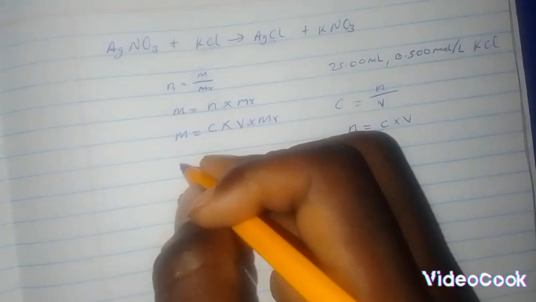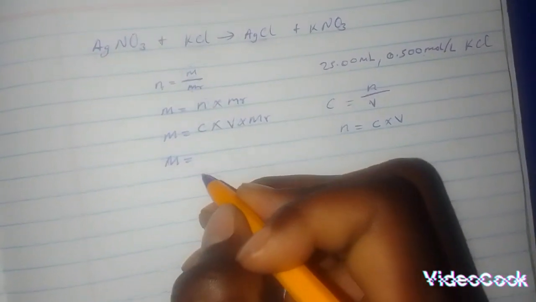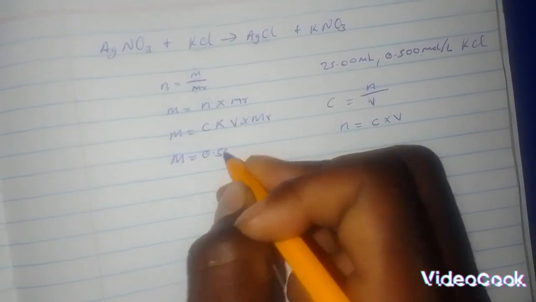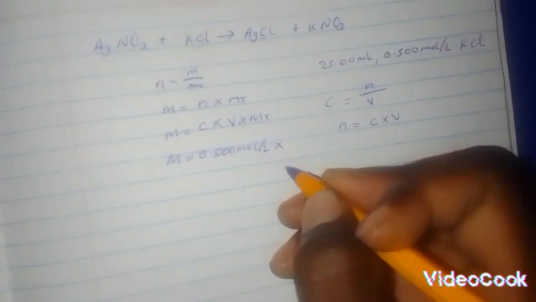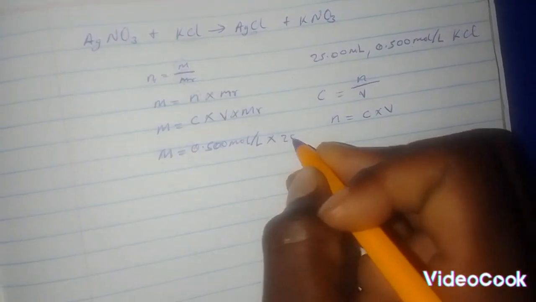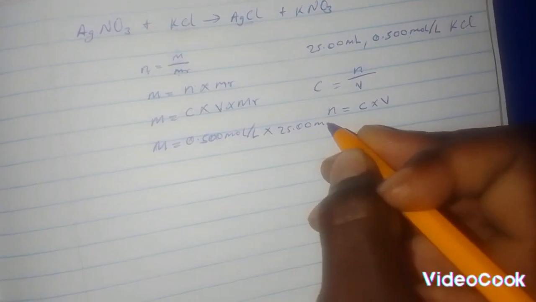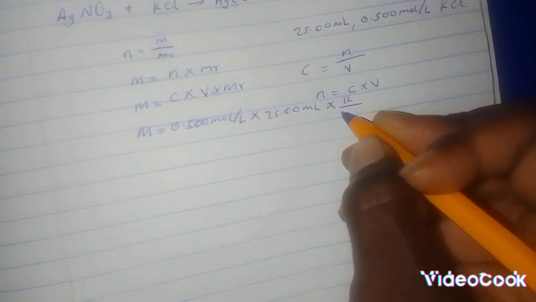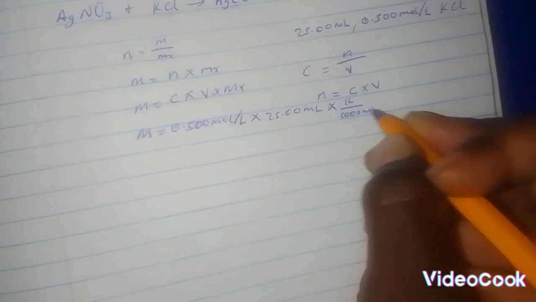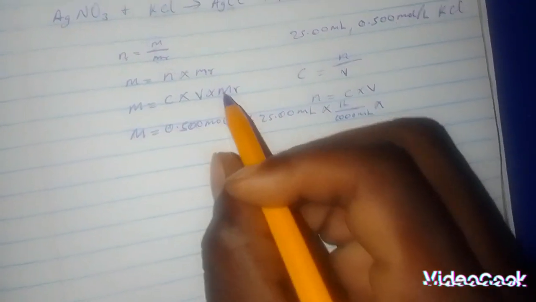So our mass will be the concentration, which is 0.500 mole per liter, multiplied by the volume, which is 25.00 milliliters. We convert this by saying 1 liter over 1000 milliliters, times the molar mass.